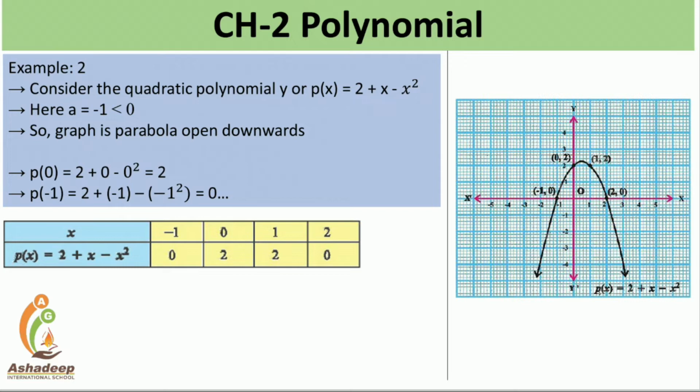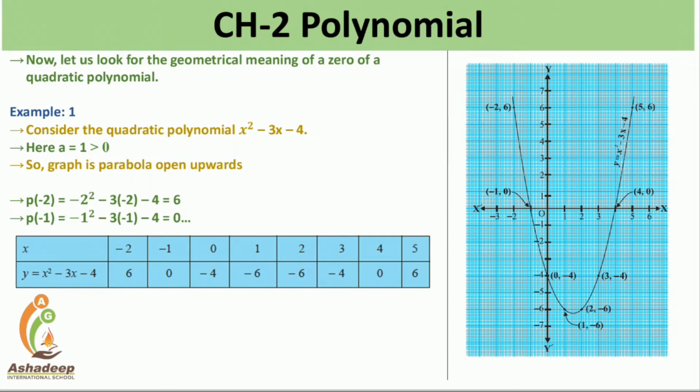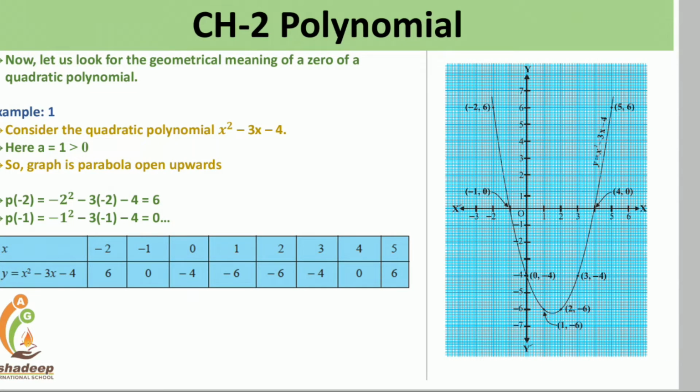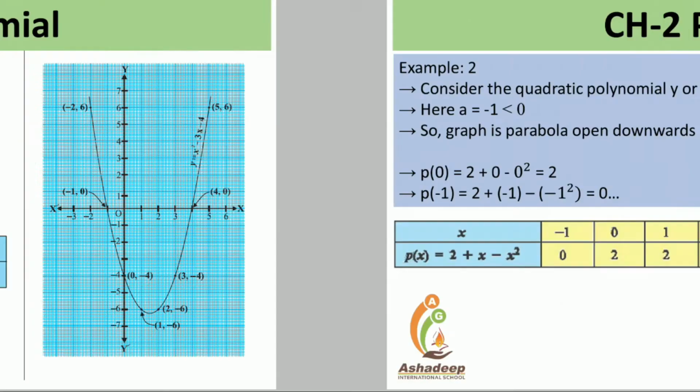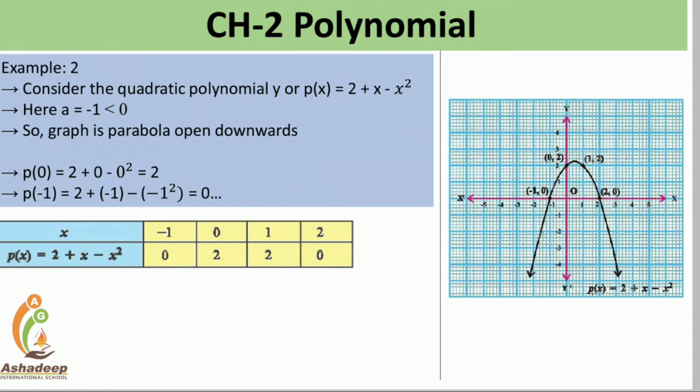These are the two examples. If a is greater than 0, it opens upwards, and if it is less than 0, it opens downwards. But it's a parabola, which you must keep in mind; it's a parabolic graph.